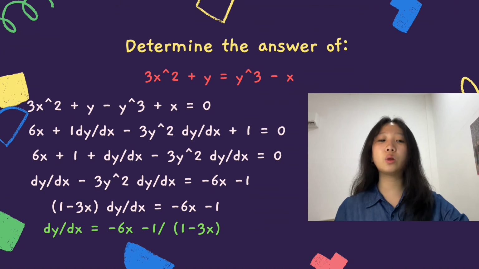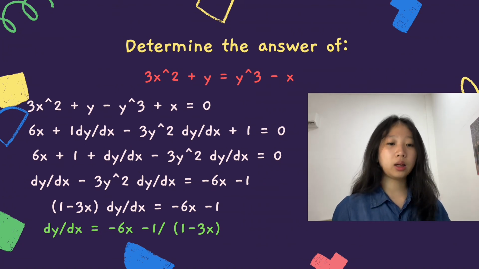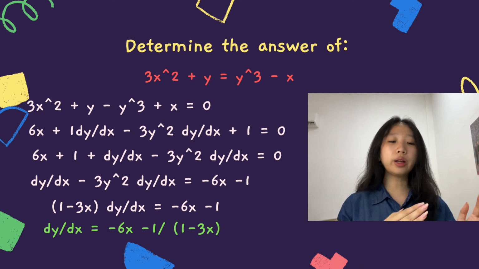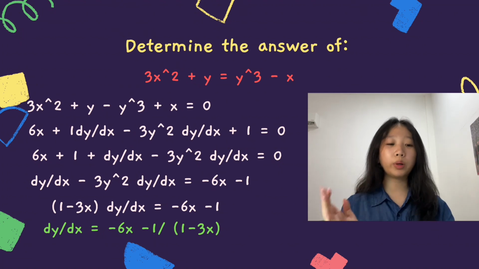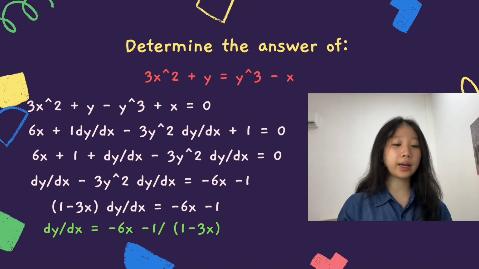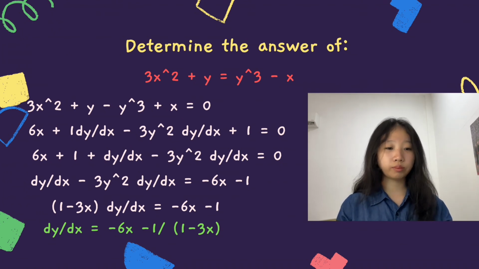So we're going to solve for dy per dx. We factorize the dy per dx: open bracket 1 minus 3y squared close bracket times dy per dx equals minus 6x minus 1.